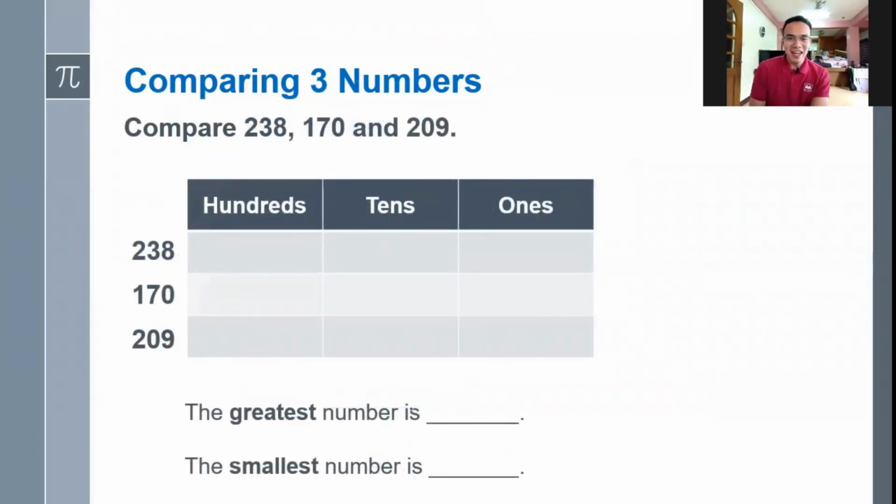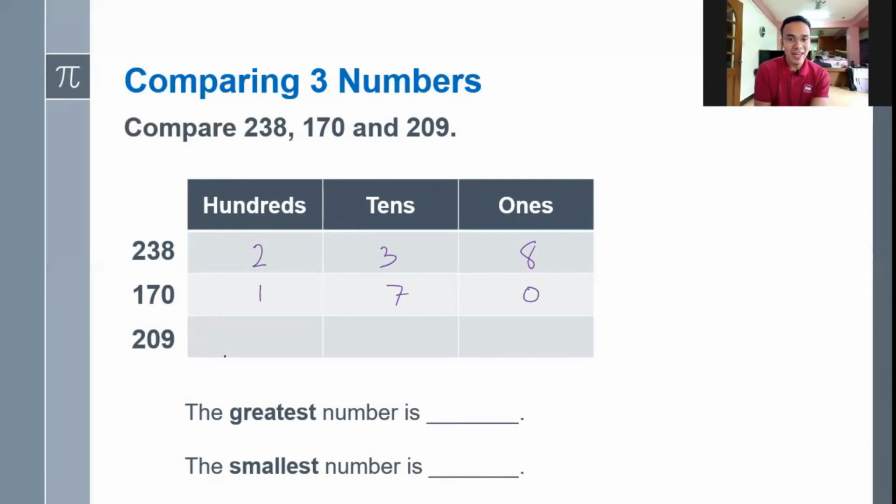Now, let's have 238, 170, and 209. So for 238, there are 2 hundreds, 3 tens, and 8 ones. For 170, there's only 1 hundred, 7 tens, and 0 ones.